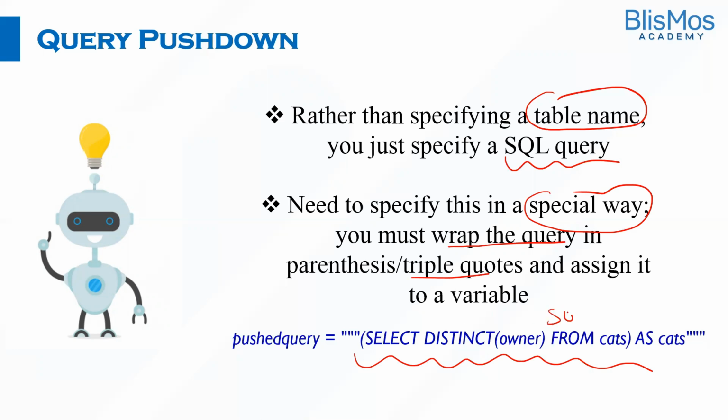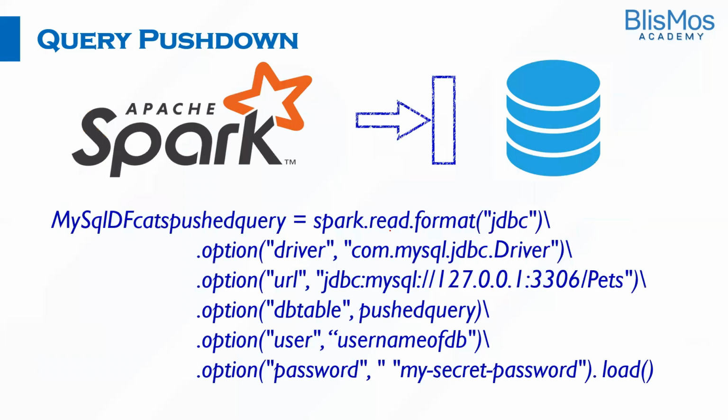This is a SQL query and I am assigning that to a variable called push query. Instead of providing the table name, I am providing the query. Pay attention here. Everything is the same. Instead of the table name, I am providing the query.